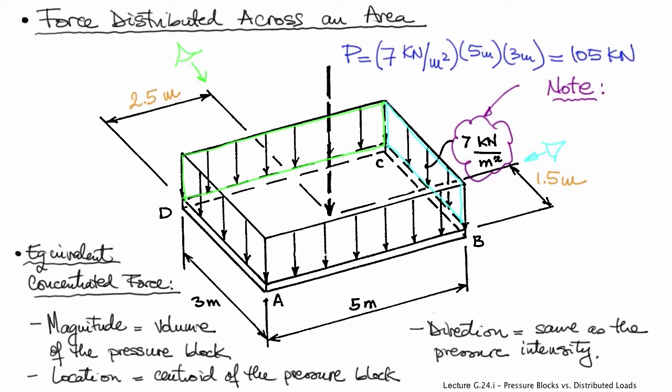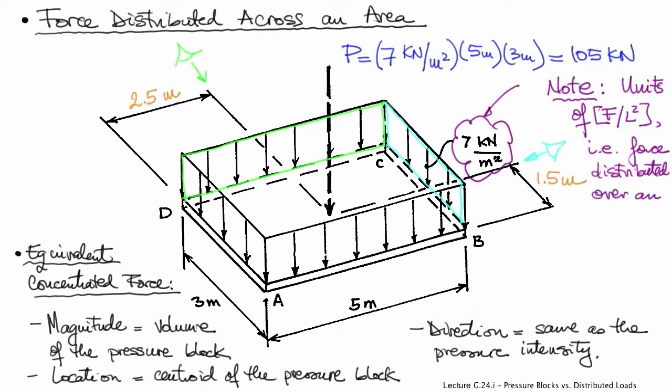Now, if you look at the load intensity, you should note the units this time are force per length squared, or force per area. So now the force is distributed over an area. So that's what makes this distributed load over an area different from the distributed load along a line. The units are different, force distributed over an area.